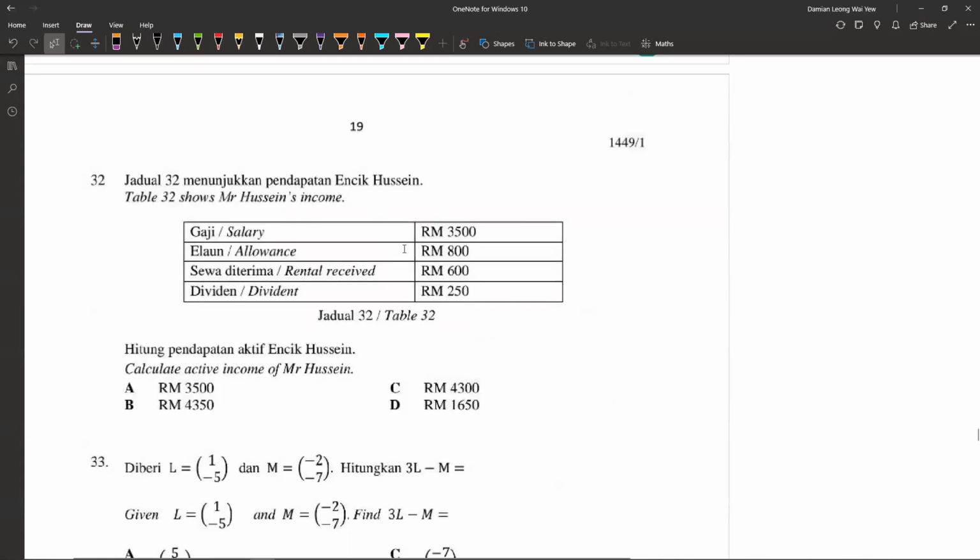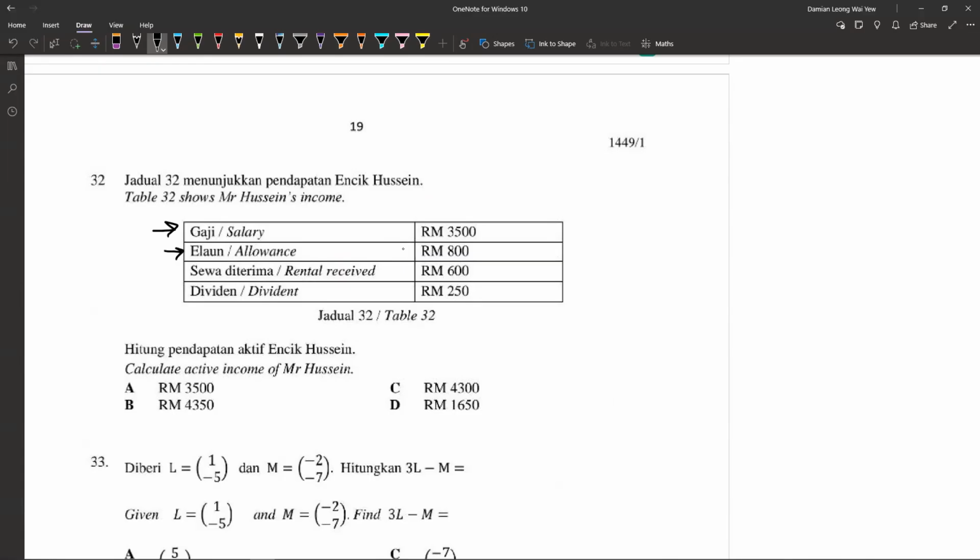Then, question 32. I want the active income of Mr. Hussein. Active income, which is the salary and allowance. Rental is not. Dividend is not, because you don't really need to actively be doing anything. But salary you have to.